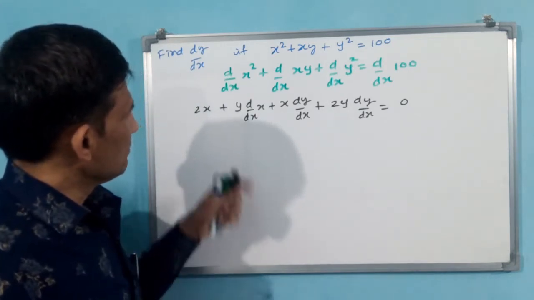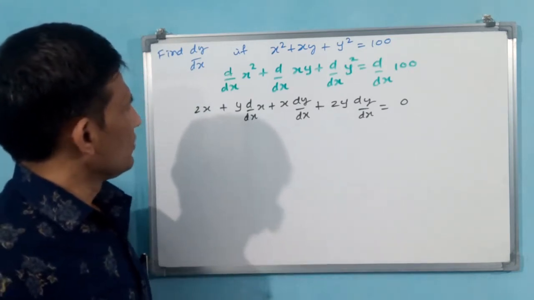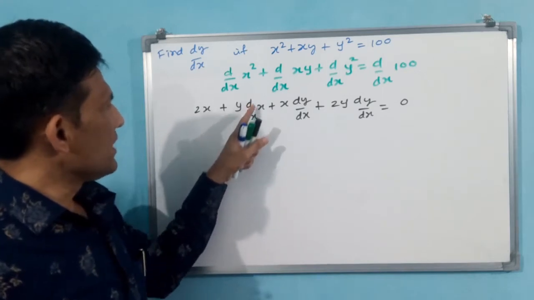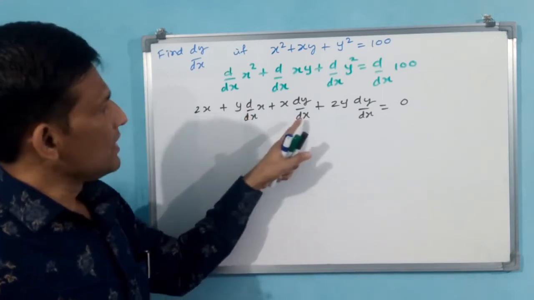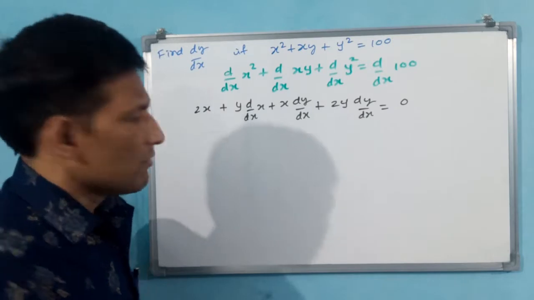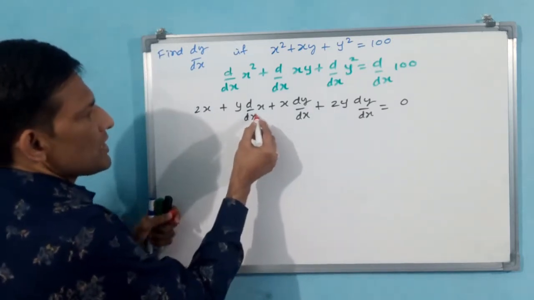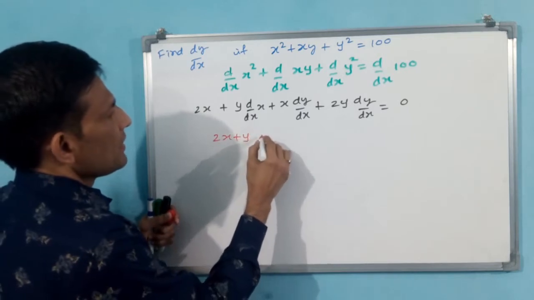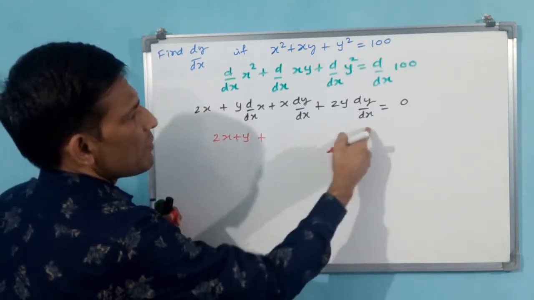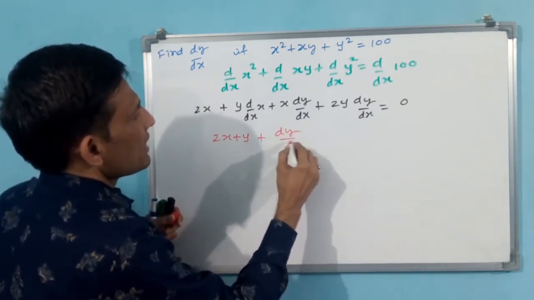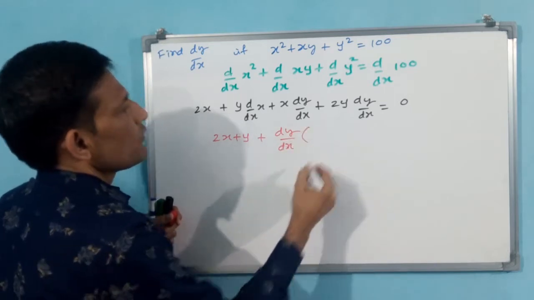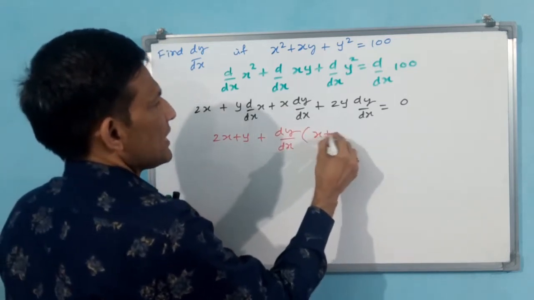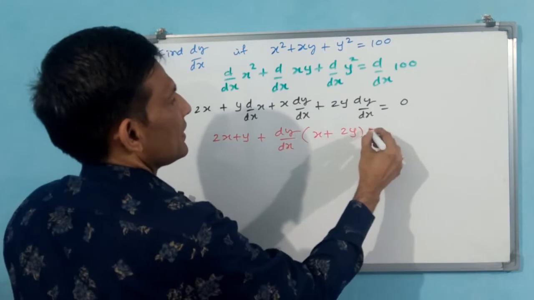Okay, now is anything needed to be done? No. What you have to do, you see dx/dx is 1, but dy/dx you take common here. Okay, see what I am writing. Now dx/dx is 1: 2x plus y, plus, see dy/dx you take common. dy/dx, if you take common, x is there, 2y is there. That is equal to 0.